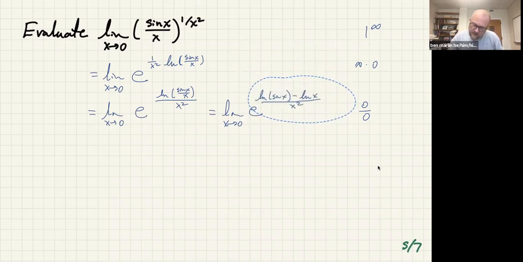this mess. Now, what on earth motivated me to do that? Well, motivation is going to be a little bit murky, but what allowed me to do it is that the log rules about division just turn it into a subtraction. The motivation is that when I take the derivative of log x, that's just 1 over x.